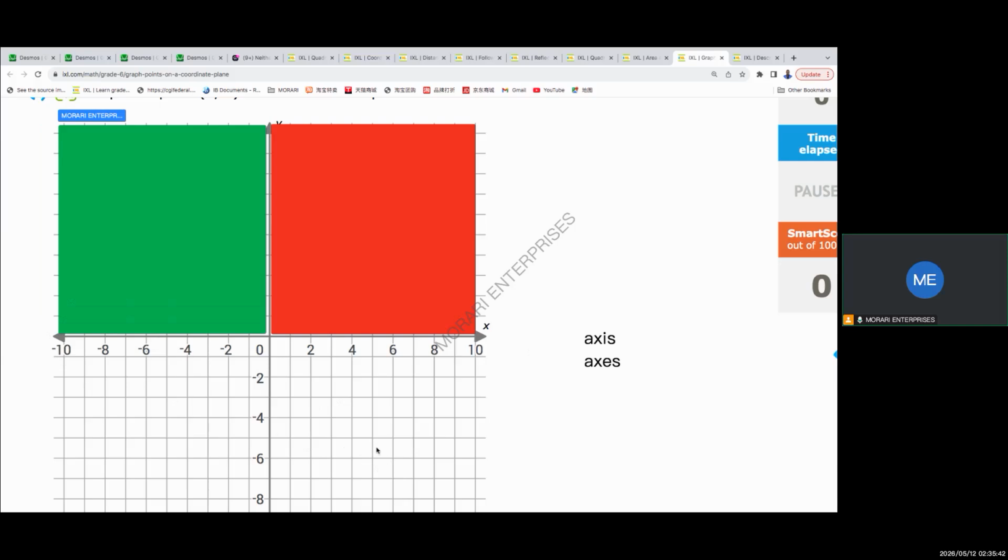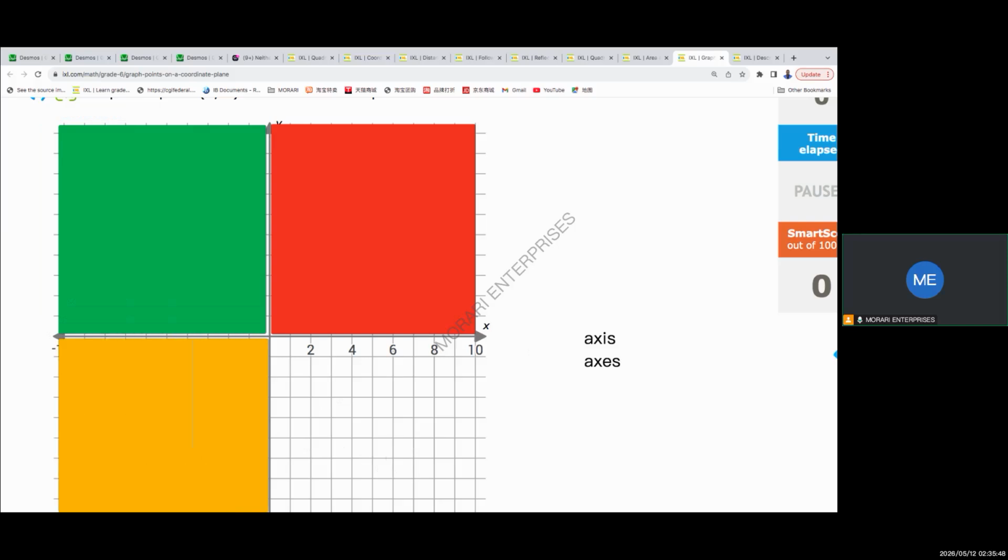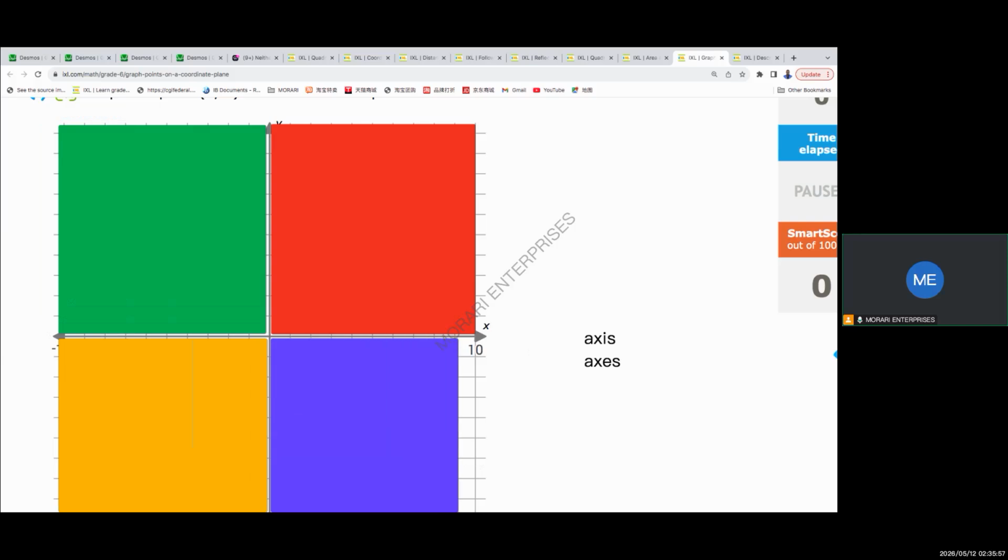Coming down here, we get the third quadrant, and the last one here is the fourth quadrant, like so. So this region is divided into 4 sub-regions called quadrants.